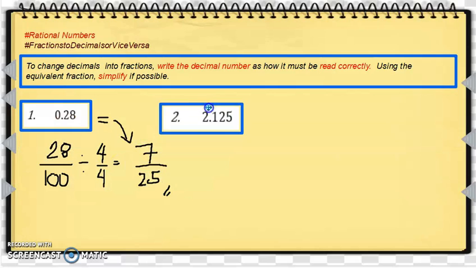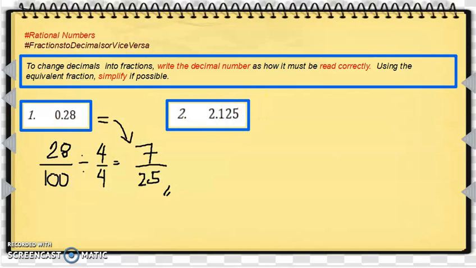So the second one is 2 and 125 thousandths. So we just write 2 there, we'll just leave it alone first. We're going to have 125 thousandths. So we write it as 125 over 1000.